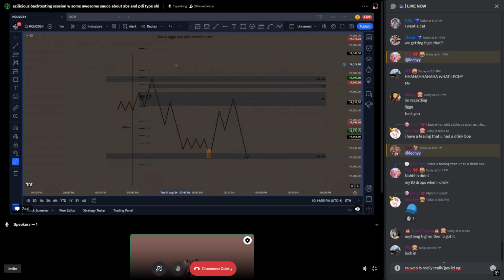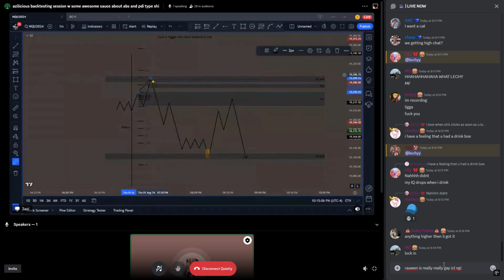Okay? If you want the A+++ setup, you would want to see an SMT with the highest high. It doesn't matter if the SMT is with the recent swing high, or the previous swing high.